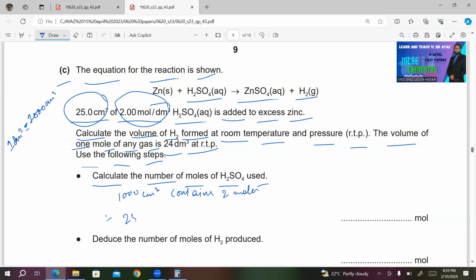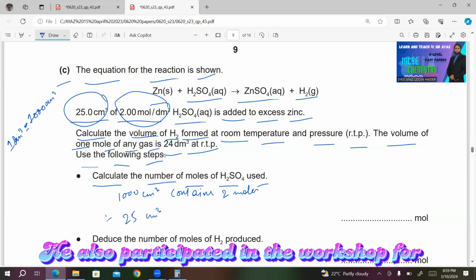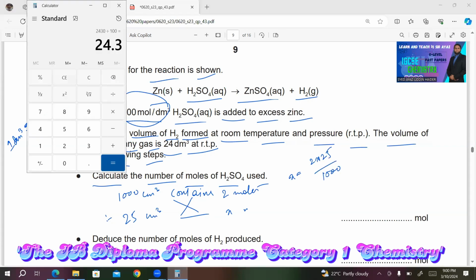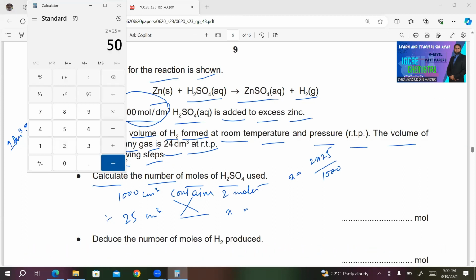Therefore, 25 centimeter cube contains X moles. So X is equal to 2 multiplied by 25 divided by 1000, which is 0.05 moles.